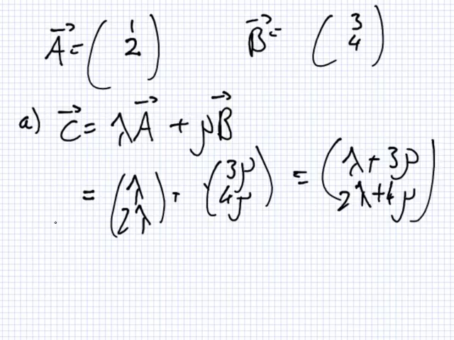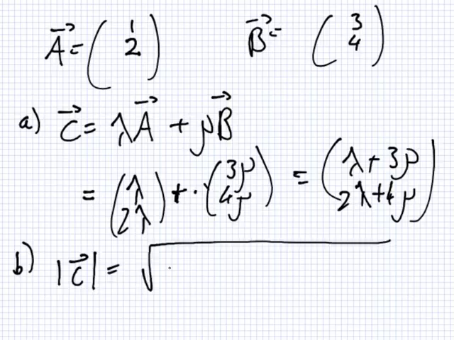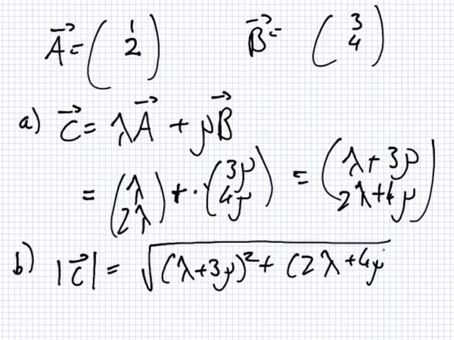Okay, what's next one? Go on. That's the first one. What's the magnitude of c? Okay, so that's the square root of lambda plus 3 mu squared plus 2 lambda plus 4 mu squared. Okay, next.